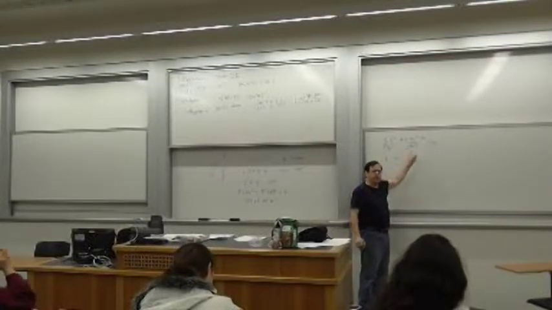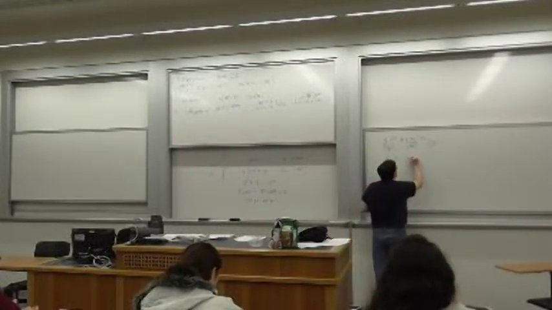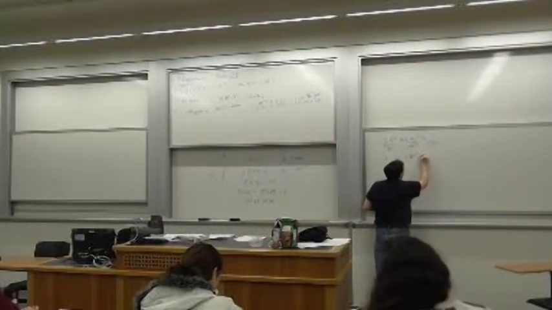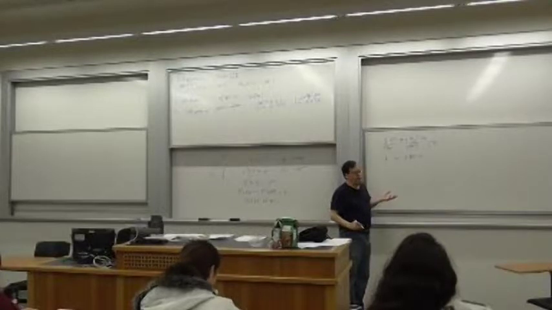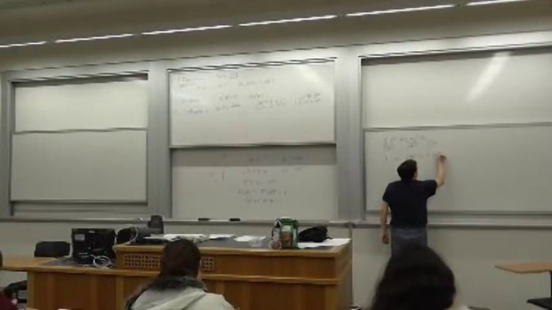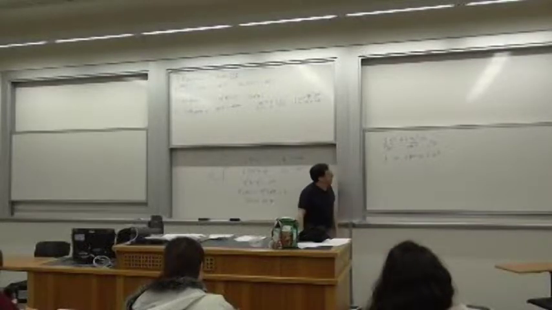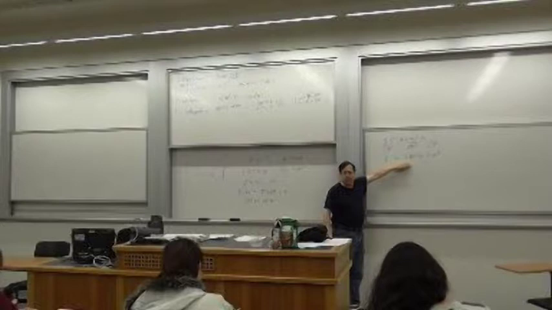Cosine squared over sine squared. Cosine over sine is cotangent. And what is 1 over sine squared? That's cosecant squared. Okay. Now, you might not recognize that right away as a Pythagorean identity, but it's part of the family, right?